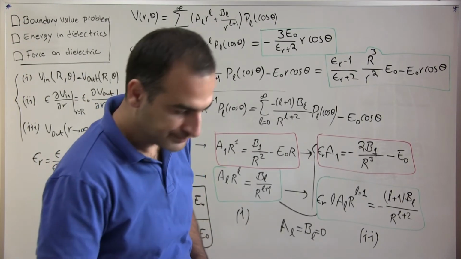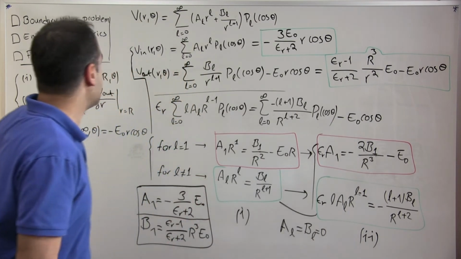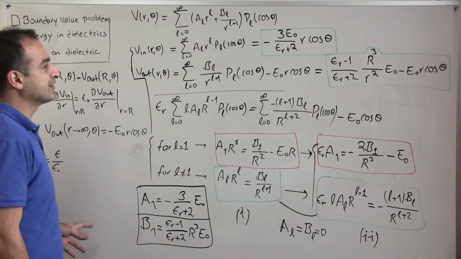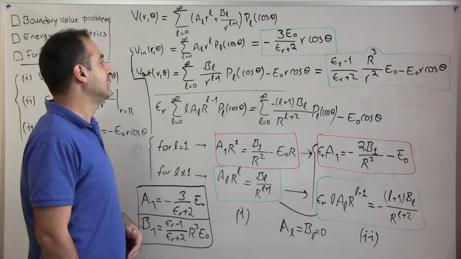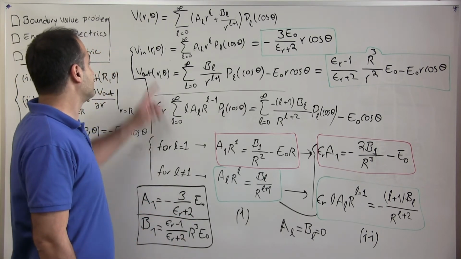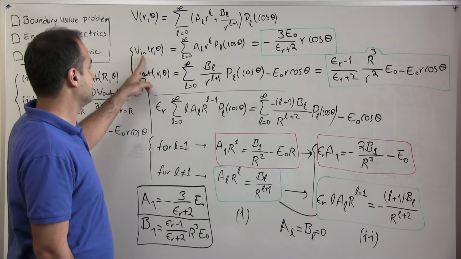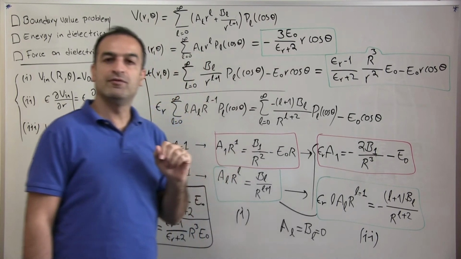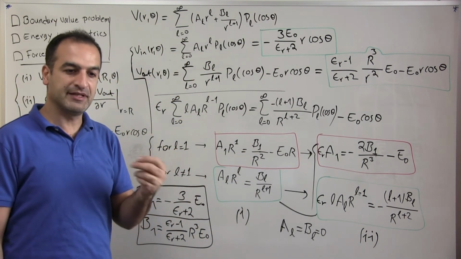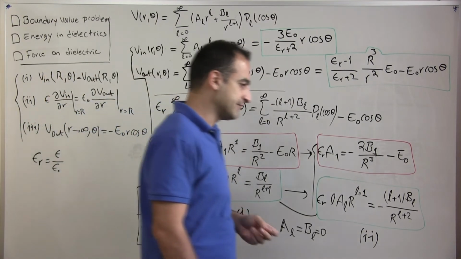Sounds good. So I'm going to do one very last step. In fact, if you remember, the question was, what is the electric field inside the dielectric sphere? So what we found here is the potential. V in has the same form as this. And if you want to find the electric field from the electric potential, that's one derivative, right?